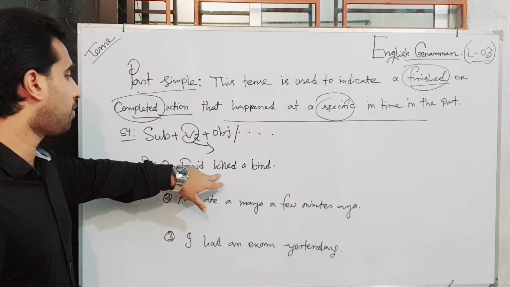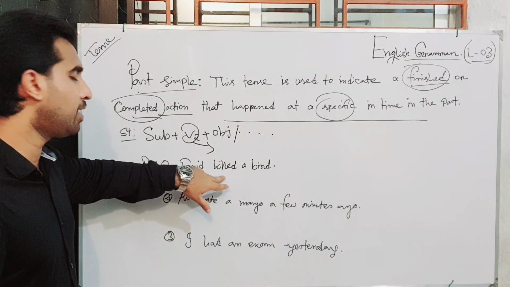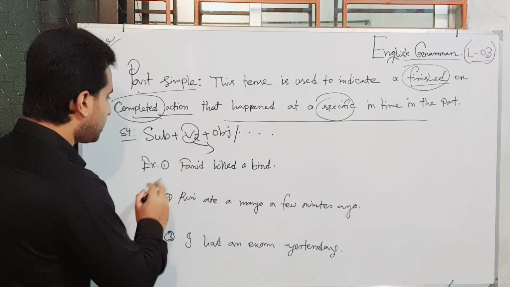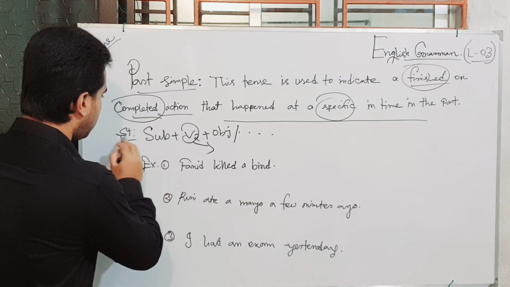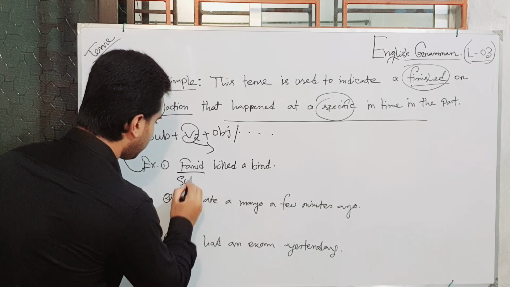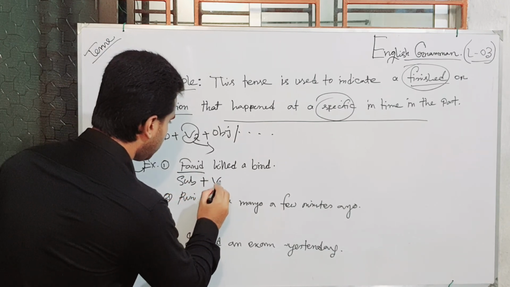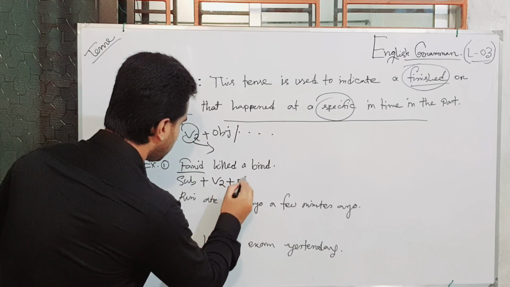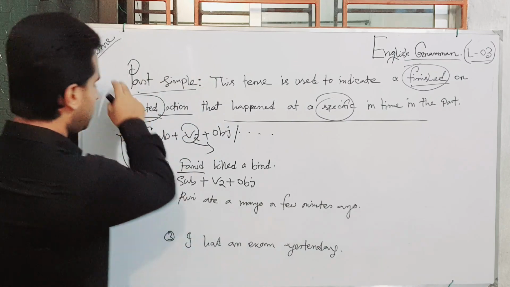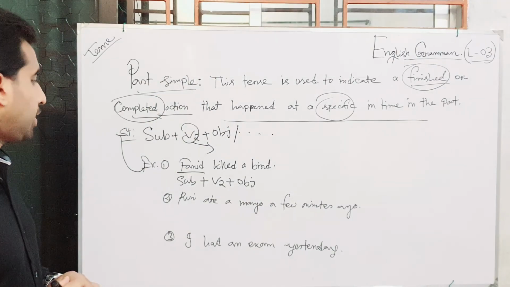Kill is the present form, killed is the past form and killed is the past participle form. So this sentence follows this structure: subject plus V2 plus object. So it's a past simple or past indefinite tense.